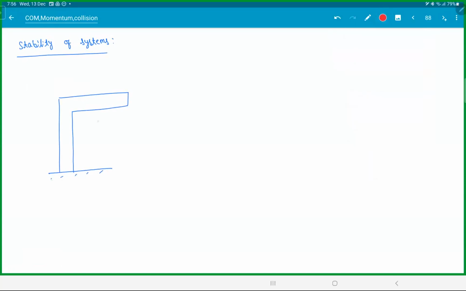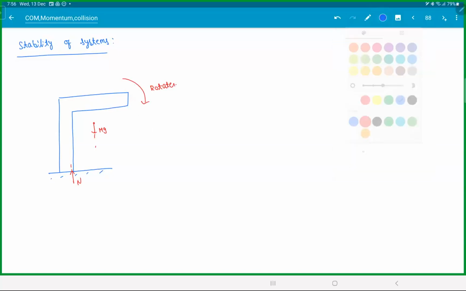This will fall off, right? The reason being, the center of mass mg will be somewhere here, and the normal reaction will be somewhere here. So this produces a torque, a rotation. So this thing topples. This thing rotates.